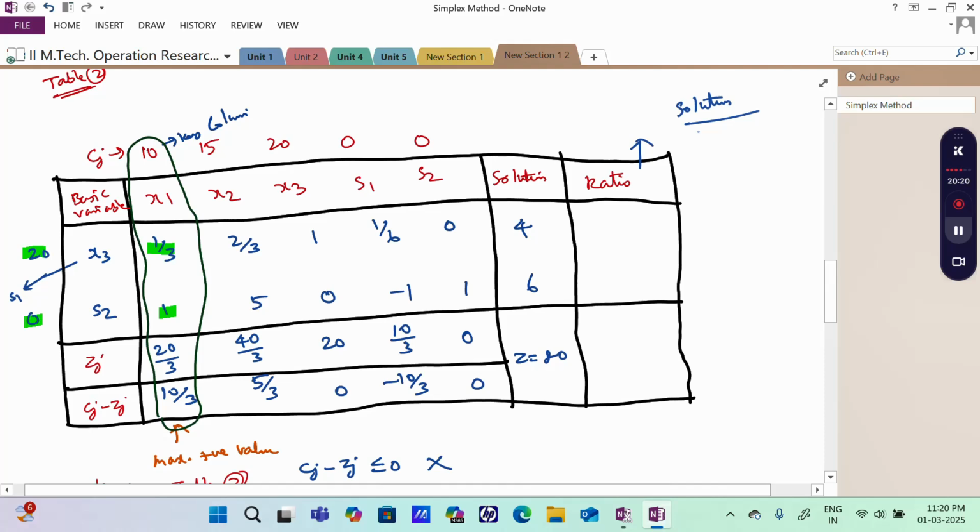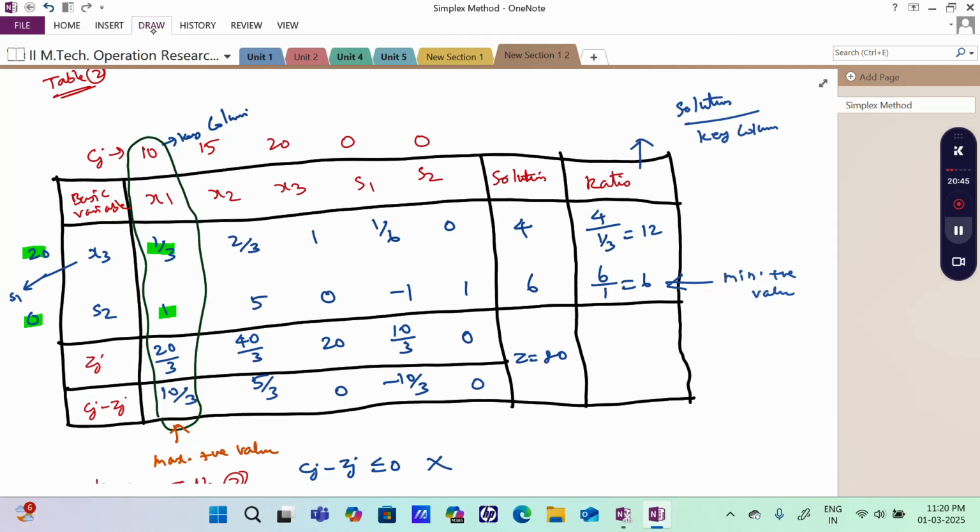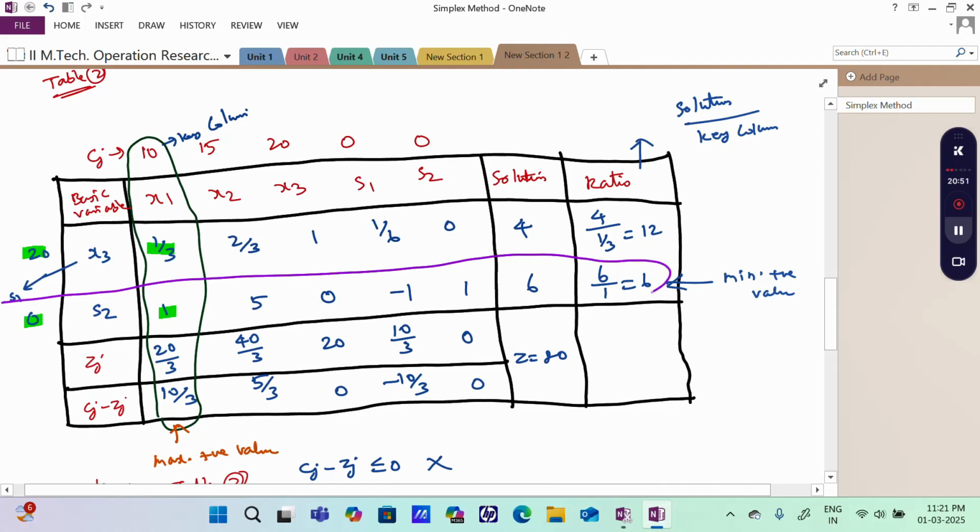Solution by key column. 4 by 1 by 3, when I am taking the reciprocal, 12, then 6 by 1, 6. Therefore, choose the minimum positive value. Therefore, this is the selected row.